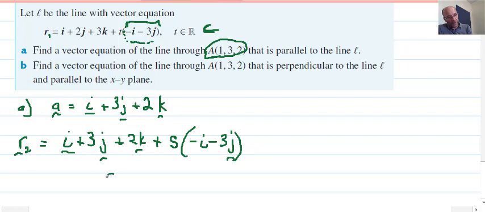So you can still see it's in that form of A plus tD, as our general form for these things.